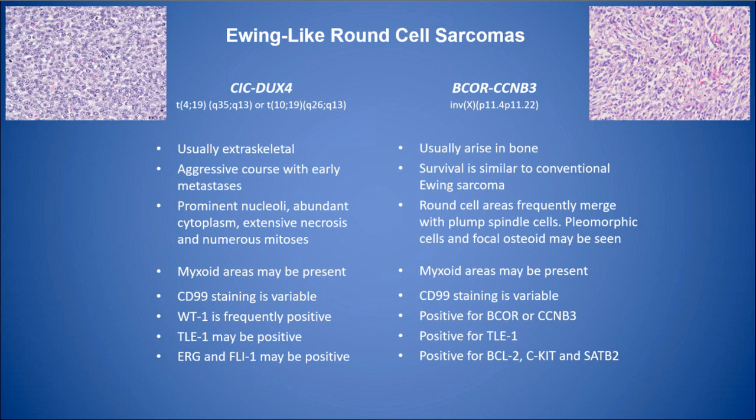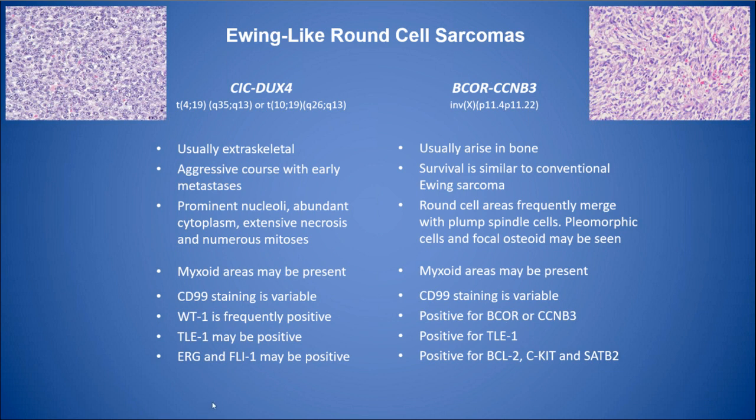The synovial sarcoma marker TLE1 is consistently, very strongly positive in BCOR tumors, and it may also be positive in CIC-DUX4. So again, that makes some of these markers not specific, and we have to be aware of that, because you can very easily fall in the trap of calling something a fully differentiated synovial sarcoma if you don't do the mutational analysis.